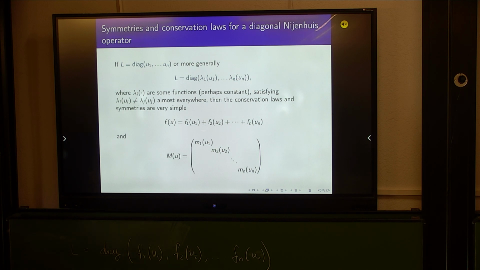So this is a function satisfying certain conditions, and in this case this function is very simple. It should not be surprising because if you know how to reduce your operator to canonical form, then for this canonical form you can describe it.